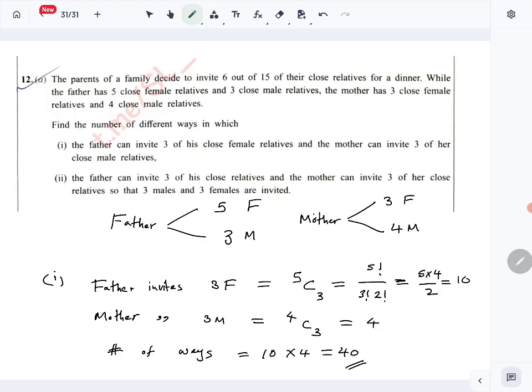Then the second part is what? So the father can invite 3 of his close relatives and mother can also invite 3 of her close relatives, so that 3 males and 3 females are invited. So together they have to have 3 males and 3 females, and each person has to invite 3 people, right?